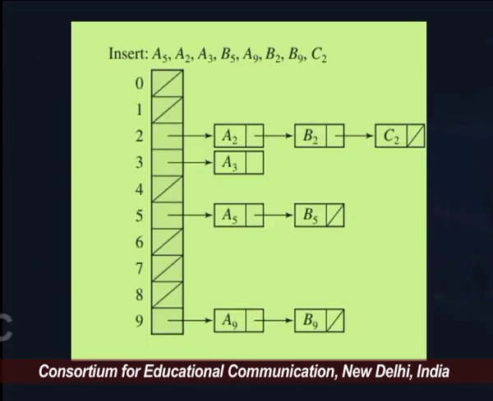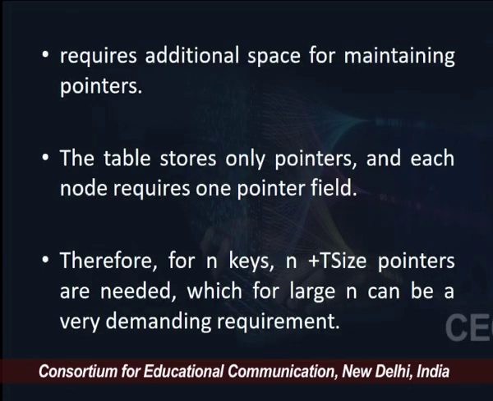So, if you can see in this figure, there are many pointers. There is a pointer in the slot of the table I am talking about, starting from 2 and going towards the first node of the list, which is A2. Then there is a pointer from A2 to B2 and from B2 to C2. So, your table stores only pointers and each node also requires one pointer.